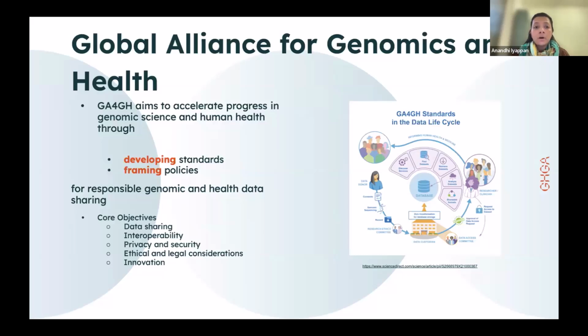And their main objective is also to enable data sharing, interoperability, how to improve privacy and security of human genomics data, what ethical and legal considerations need to be taken care of while handling human genetic data, and also how we can innovate from the current state of genomic research to the future.